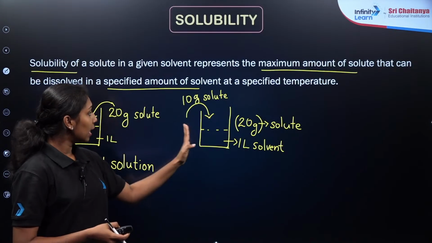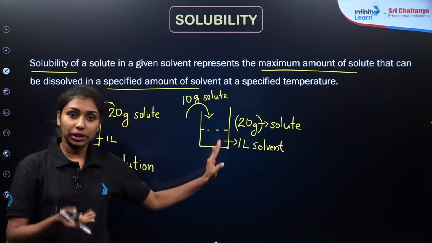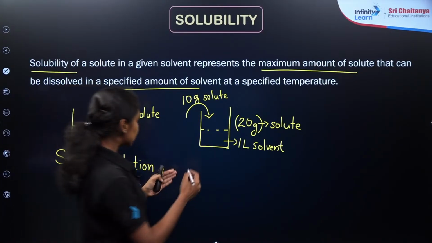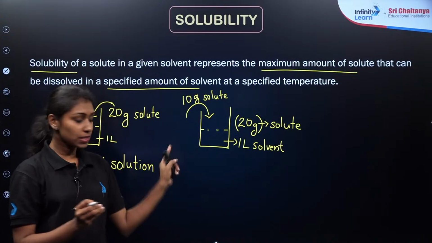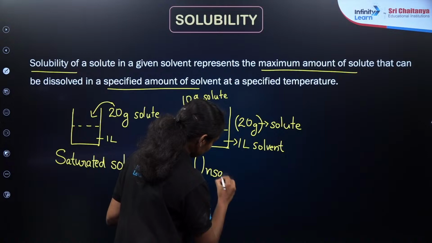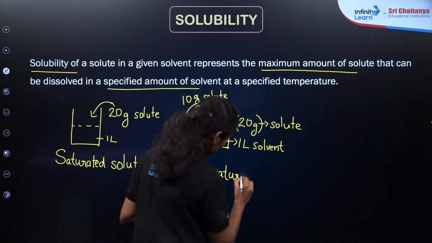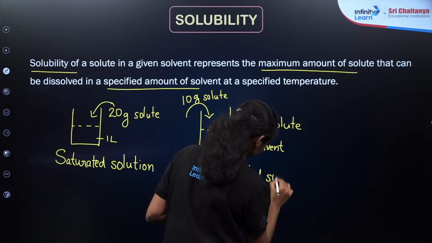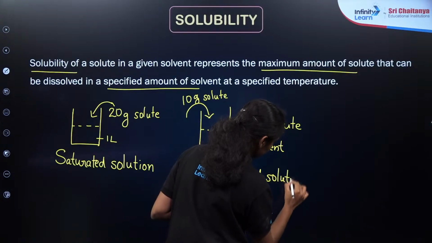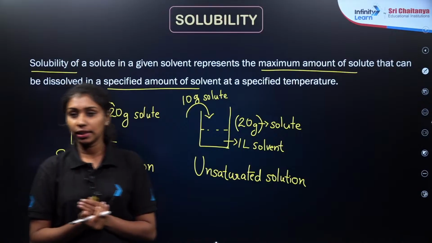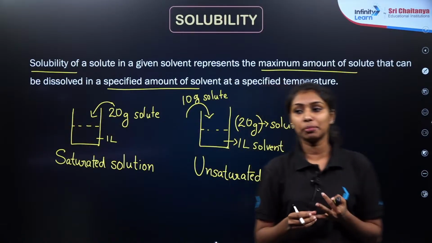Which means that we can add a maximum of 20 gram. Here I am adding only 10 gram of solute, which means that it is less than the capacity of the solution, right? So we can call this solution an unsaturated solution. Is that clear? Are you able to follow my point? This is how we define solutions as saturated and unsaturated depending upon the solute concentration. Is that clear? Just let me know in the comments.